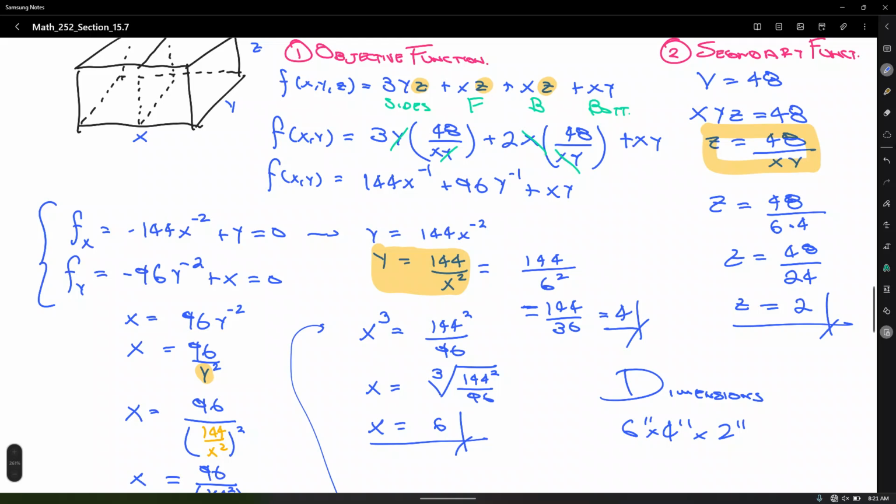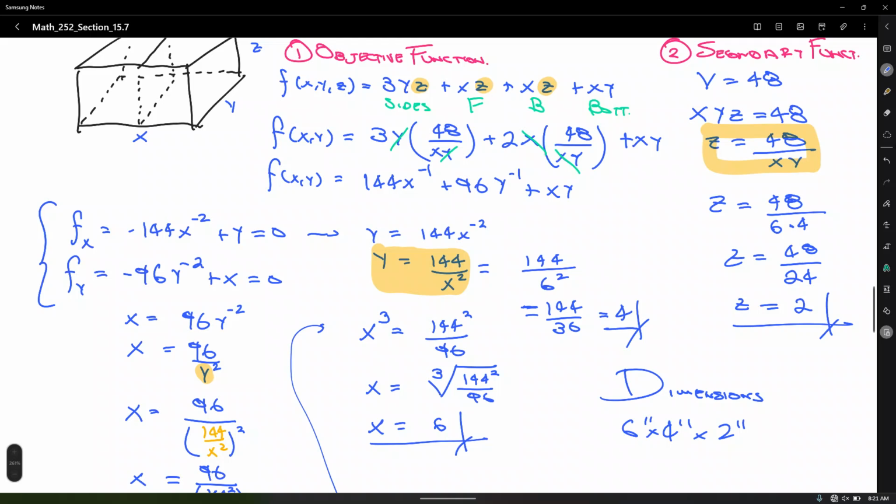So, did you see the pattern? See how it is basically the same as the problem you solved in Calculus 1? Objective function, secondary function to get rid of one of the variables. Calculus, find critical points, in this case not just critical values but critical points.